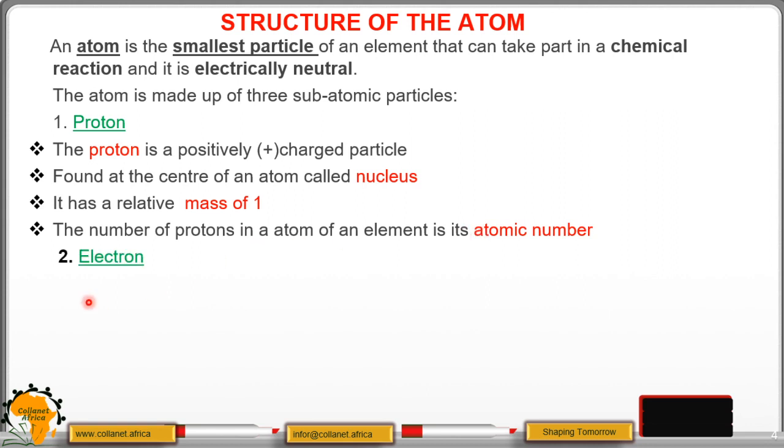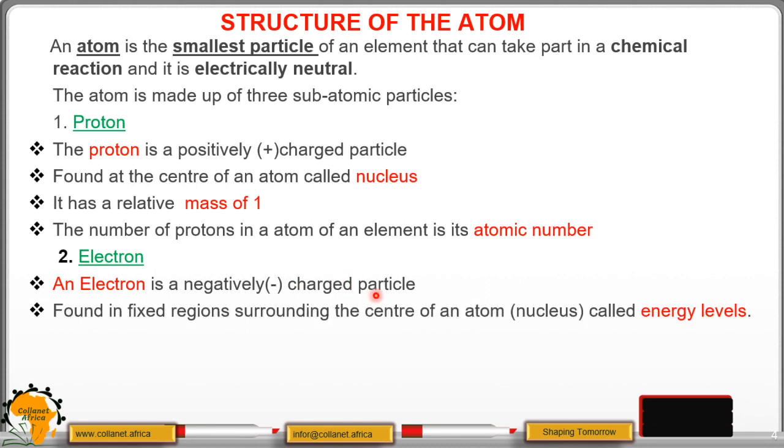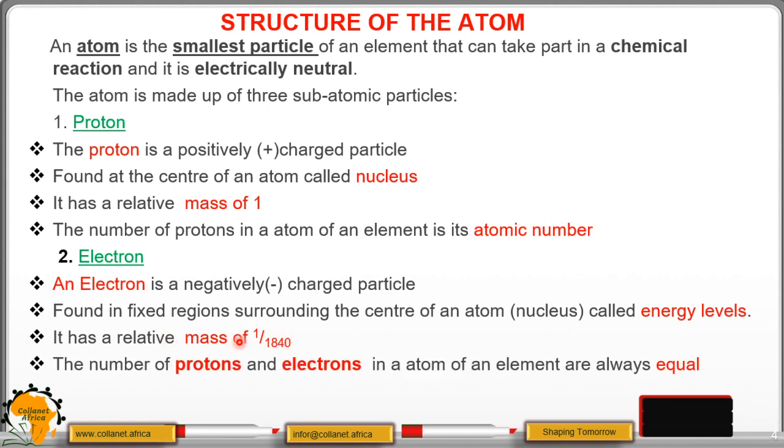Electron, which is the second subatomic particle. An electron is a negatively charged particle. It is found in regions surrounding the center of the atom called energy levels. It has a relative mass of 1 divided by 1840, meaning it has a negligible weight or mass.